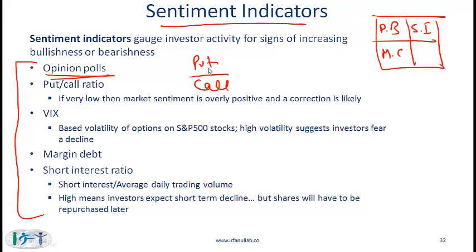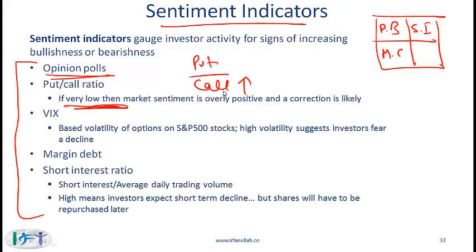Generally, people buy puts when they expect the market to go down. They buy call options when they expect the stock to go up. Now, if this ratio is very low, then what that means is that people have bought a lot of call options, so this denominator is high, and the number of put options is small, which means that the market is extremely bullish, or the market is expecting the stocks to go up.